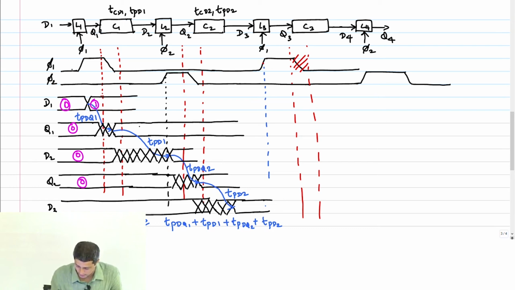This is Q1, so this has to hold event 1. That's the aim; then combinational block C1, L2, C2 will operate correctly. At what point can D1 change so that Q1 continues to hold event 1? After the hold time window. So let's assume my D1 changed here. It doesn't matter.